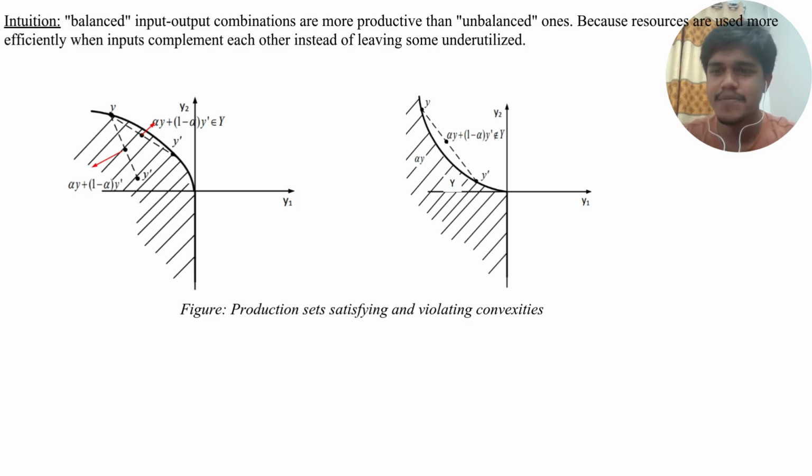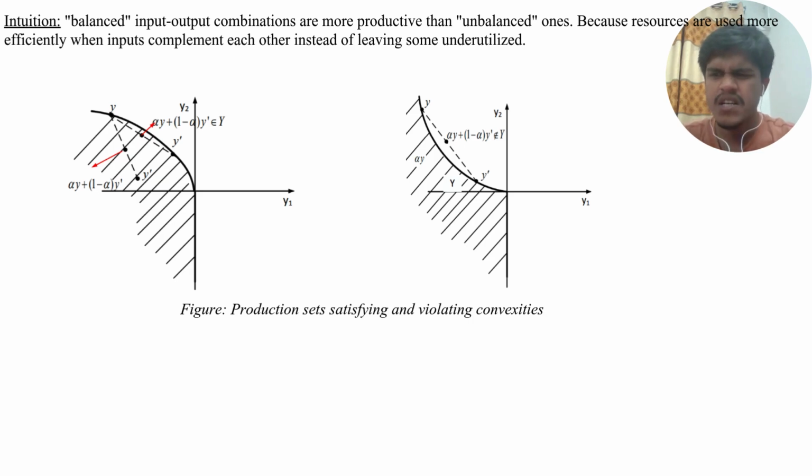The left diagram tells us that if you pick any two feasible points in the shaded region, every point on the straight line connecting them stays within the region. This means you can smoothly move between two production plans or mix them in any proportion and always have a feasible production plan. This is what convexity looks like visually.